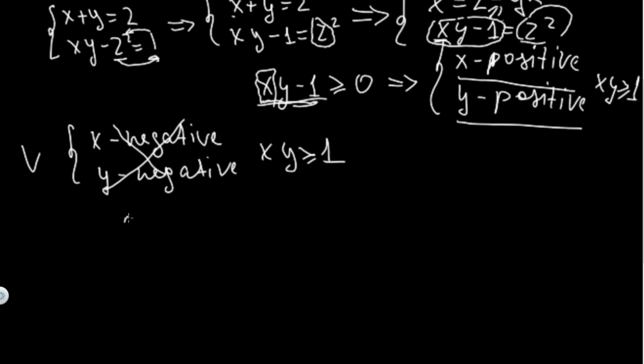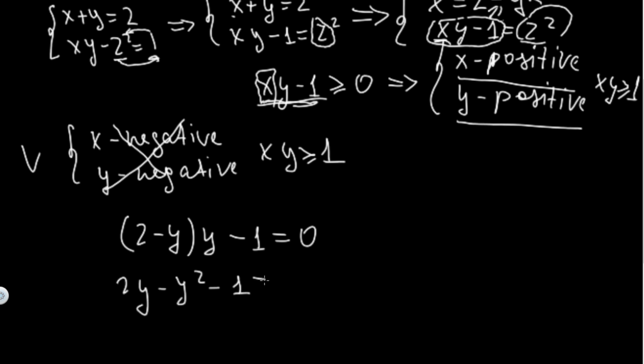What will we get? 2 minus y times y minus 1 equals 0. Let us use the distributive law. It will be 2y minus y squared minus 1 equals 0. We should always first write the unknown which has the greatest power: minus y squared plus 2y minus 1 equals 0.